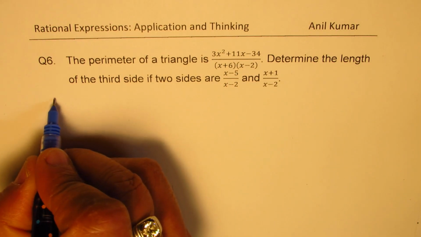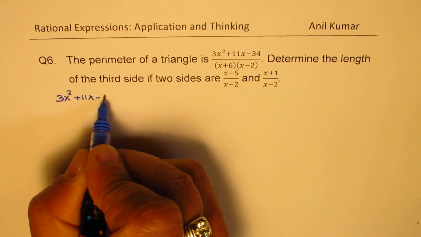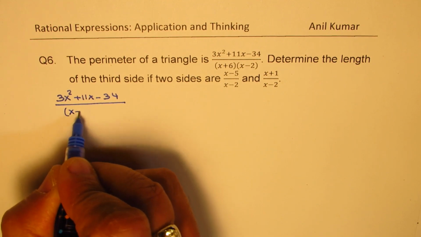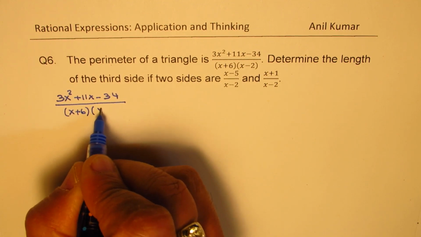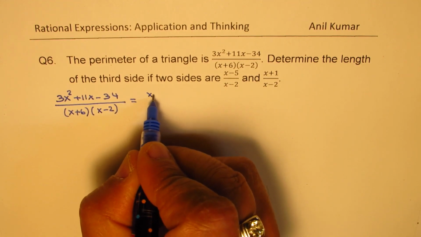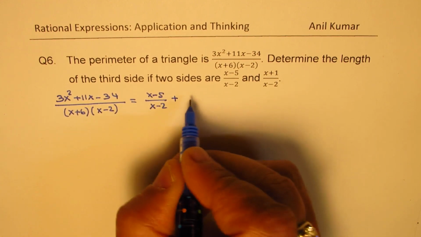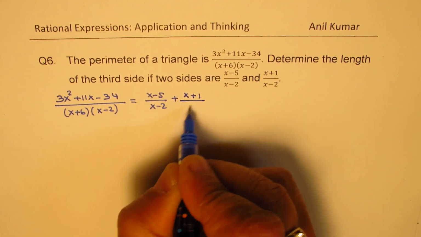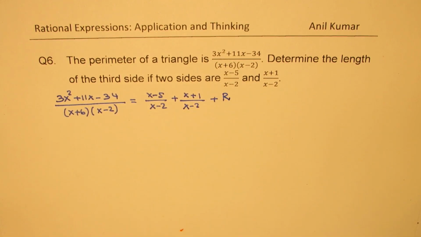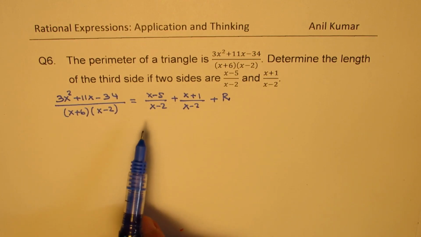We could write the perimeter (3x squared plus 11x minus 34) over (x plus 6)(x minus 2) equal to the sum of these two, (x minus 5) over (x minus 2) plus (x plus 1) over (x minus 2), plus the third side r. So basically we need to find the third side.